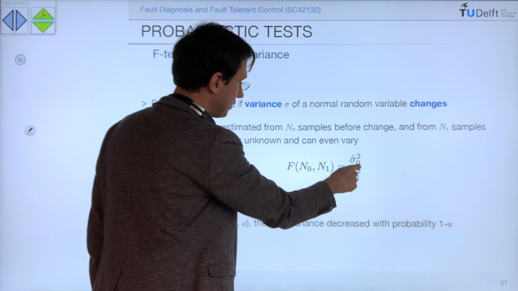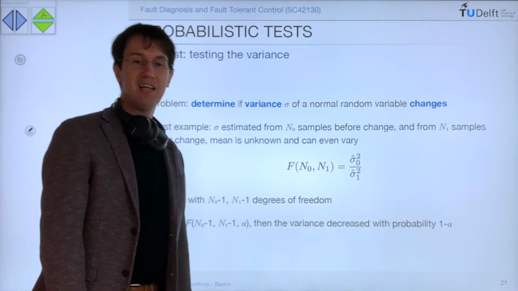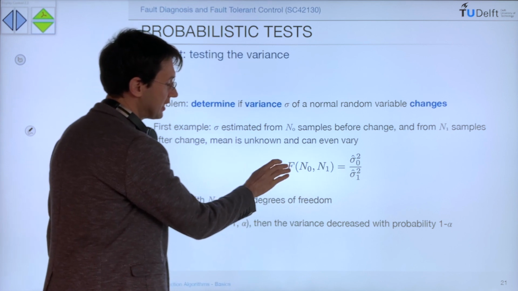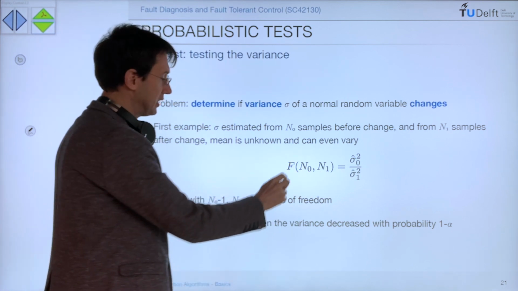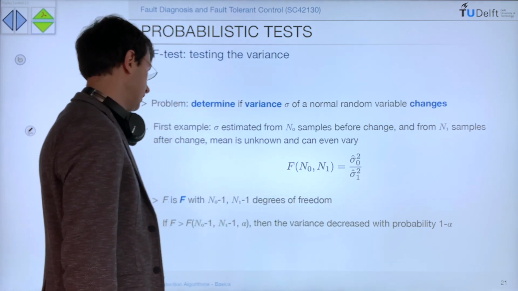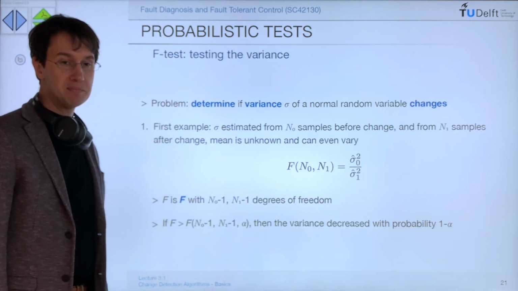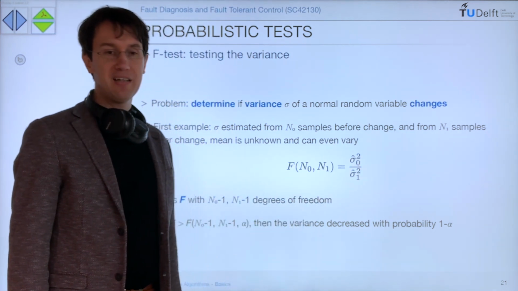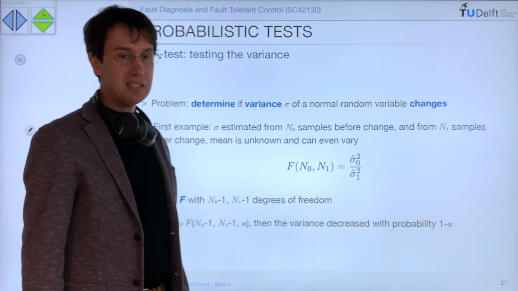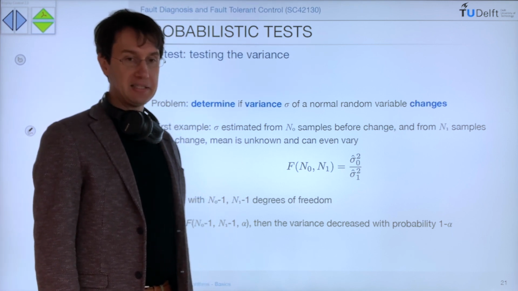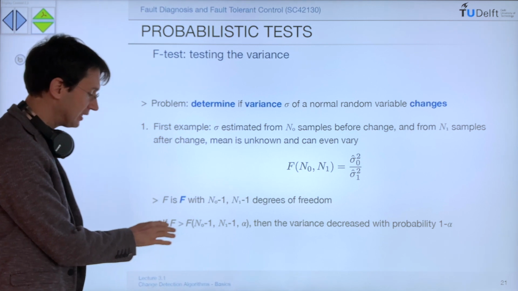We take the ratio, and the ratio is a random variable, of course, that is distributed as an F random variable with n0 degrees of freedom and n1 degrees of freedom. And now again, this is a ratio of positive quantities, then it is a positive quantity. So the test we are carrying is a one-tail test, and we can simply implement it like this.